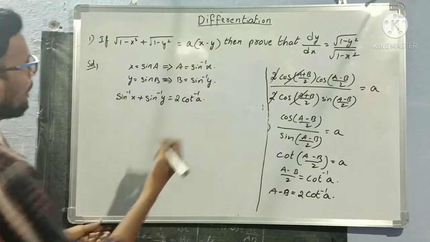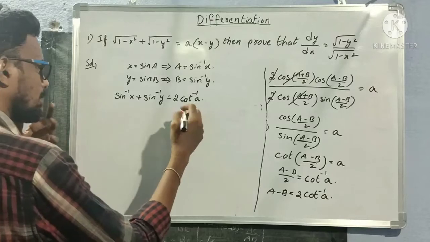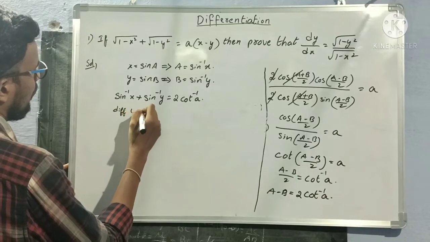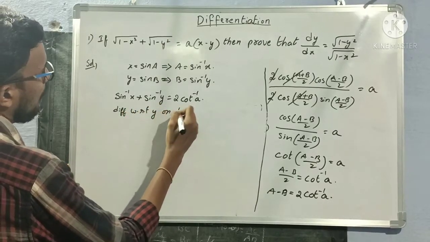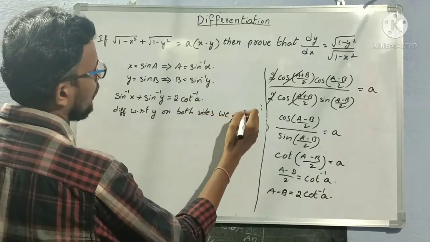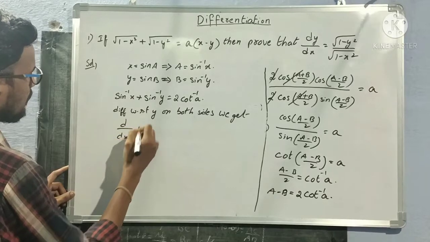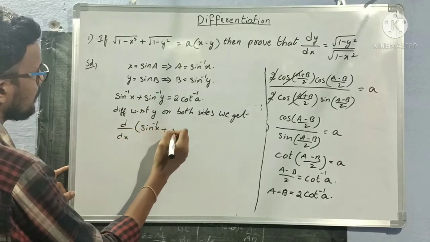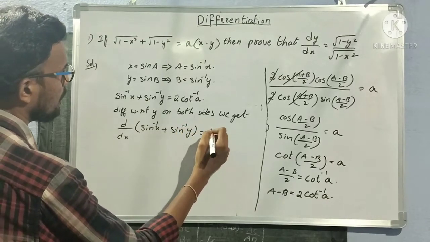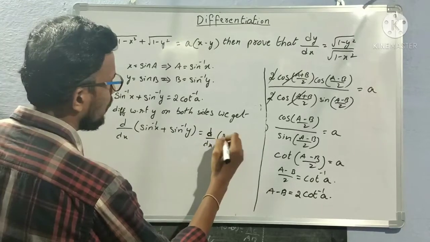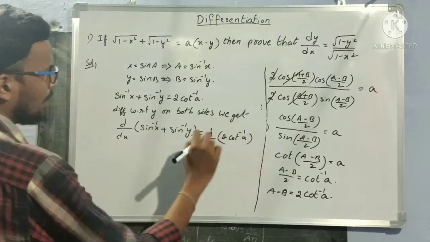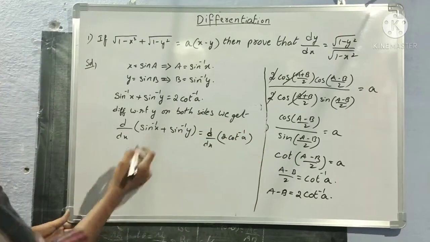Okay. Now let us take differentiation. Now let us differentiate with respect to x on both sides. So differentiating with respect to x on both sides, we get d by dx of sin inverse x plus sin inverse y is equal to d by dx of 2 cot inverse A. Anyhow, this is a constant, so d by dx of 2 cot inverse A is 0.